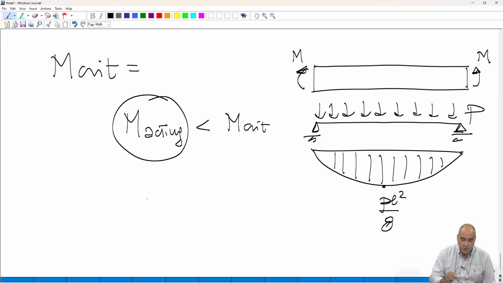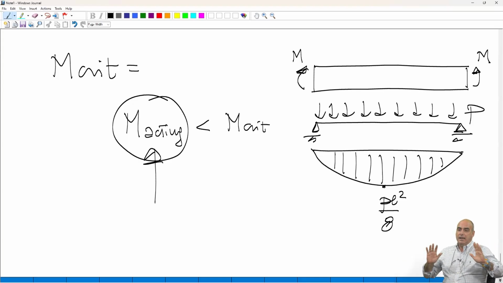So which number shall I put in here? Well, one can go straightforward and say, okay, I want to sleep quietly all through my life. Pick up PL squared over 8, which is the maximum bending moment, and guarantee that it's lower than the critical moment.